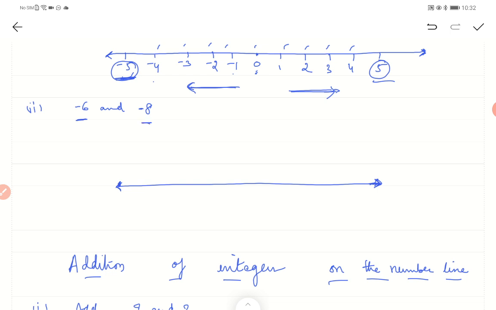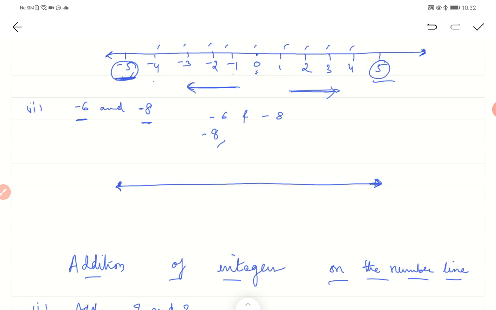Okay, now tell me how many integers you're going to get between minus 6 and minus 8, and that we need to plot it on your number line. They're asking us to find between minus 6 and minus 8, isn't it? So your smallest number is minus 8, right?